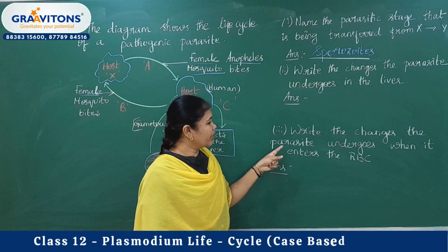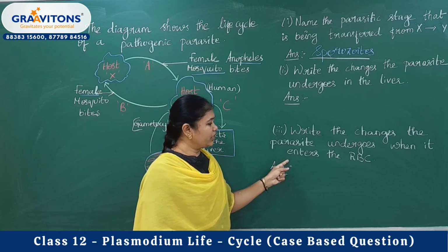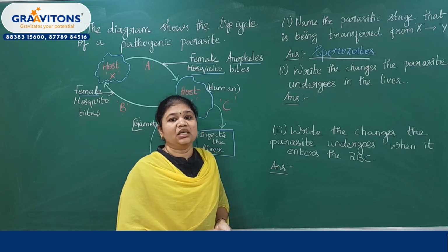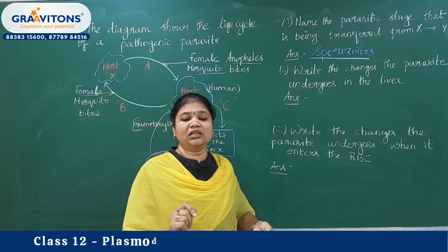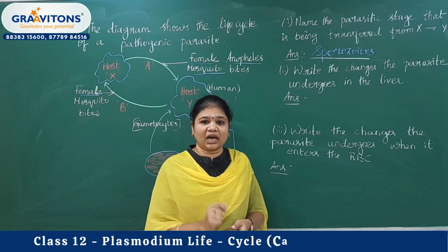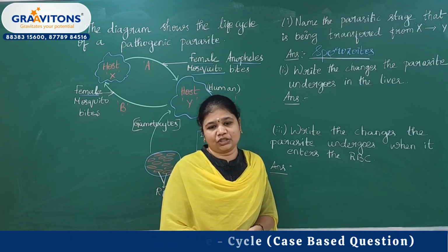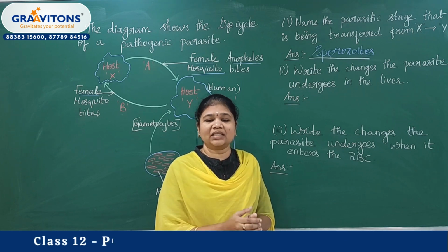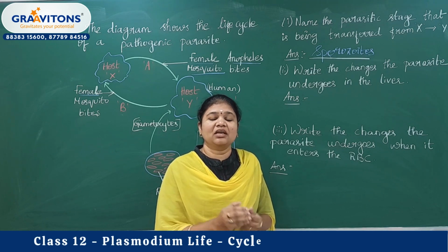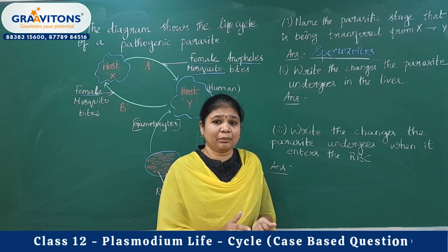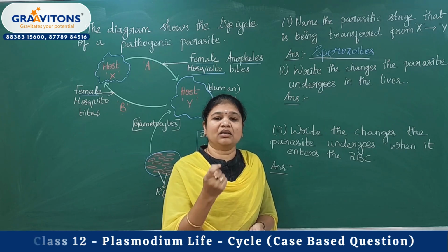Third question, write the changes the parasite undergoes when it enters the RBCs. It starts utilizing the hemoglobin molecules of our RBCs and uses the globin part for its nutrition and accumulates the heme. So once the asexual multiplication is completed, the RBCs are burst out.